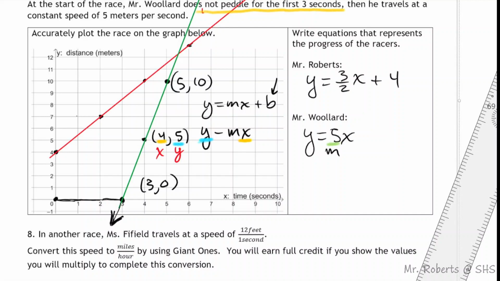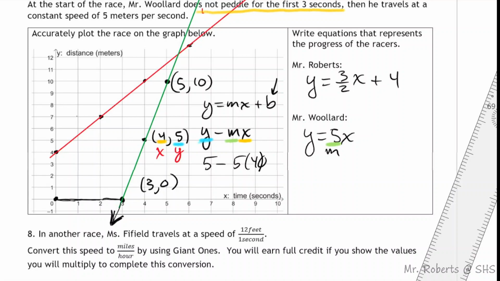His slope is 5, so I'll put that in for m. So here's what we get: y, which is 5, minus the slope 5 times x, which is 4. So 5 minus 20, which is the number negative 15.